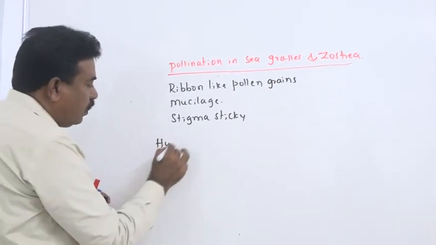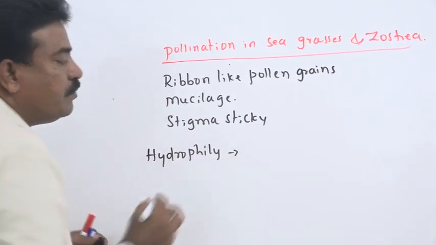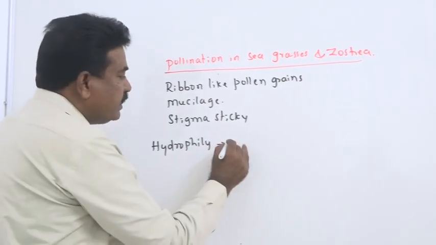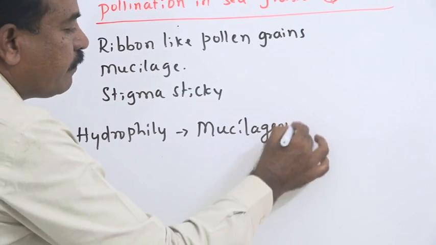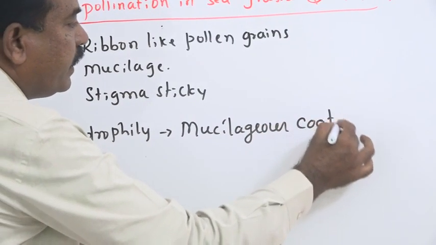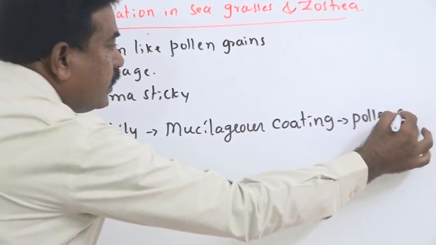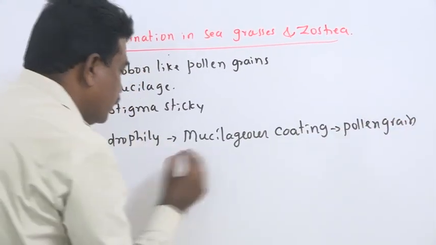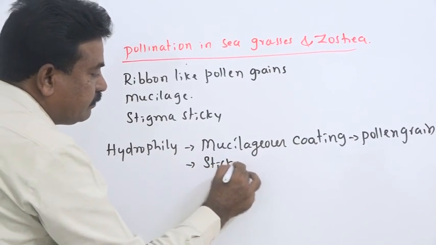Therefore, all the hydrophily-showing plants show some important characters. One is the mucilaginous coating on the pollen grain. And second, generally the sticky stigma is present.